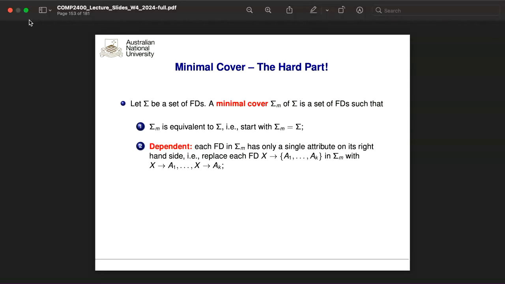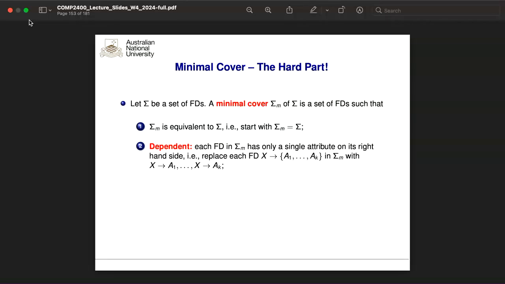Why do we need to do that? If we split them into small pieces, later on we can easily find which small piece is redundant and throw it away. If we don't do this, the bigger functional dependency could be partially redundant, but we cannot throw it away because it's only partially redundant.